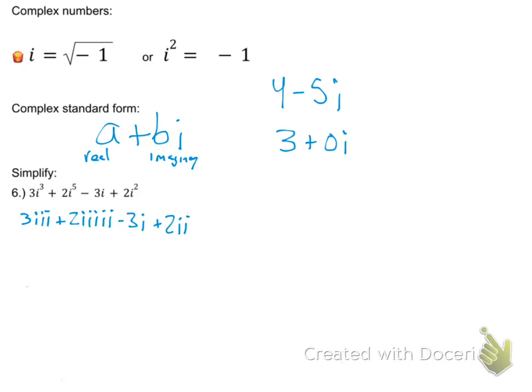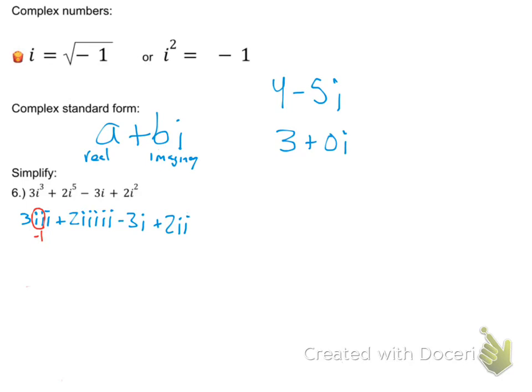Now, up above, it says that i squared, or i times i, is equal to negative 1. So what I'm going to do is circle them up. That's an i and an i. An i and an i makes negative 1.